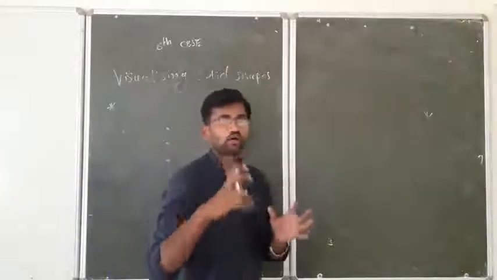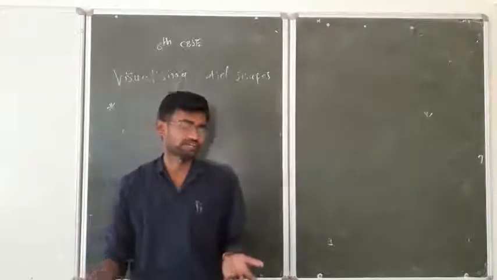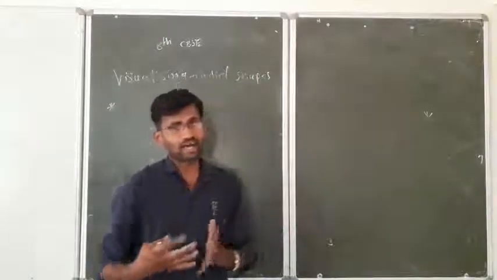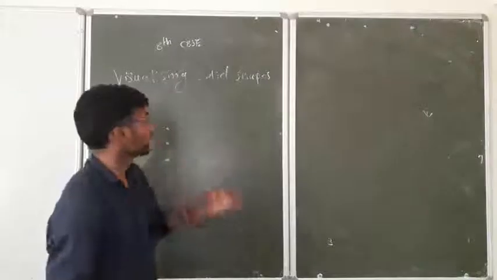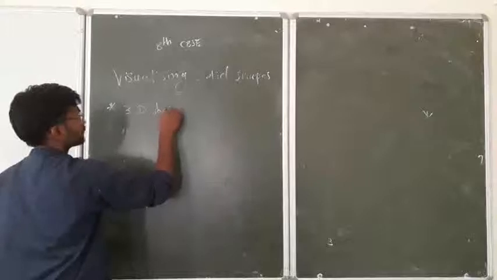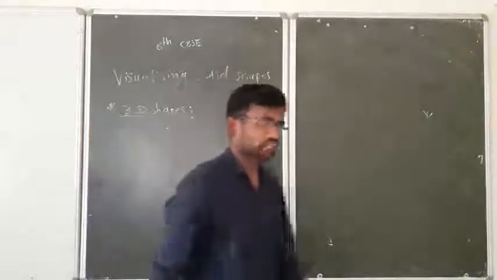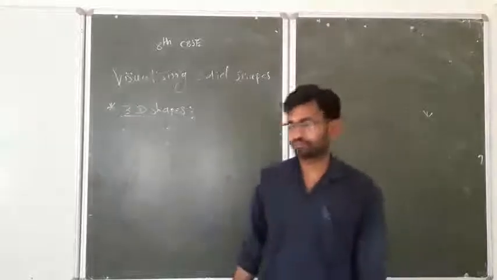They all occupy some space and have 3 dimensions, that is length, breadth and height. So they are called solid shapes or 3D shapes, or 3-dimensional figures.